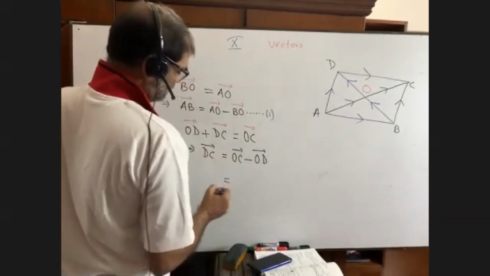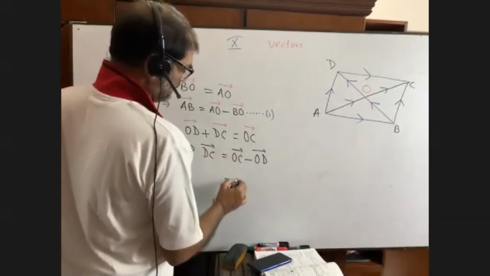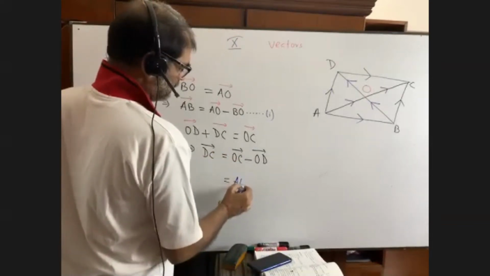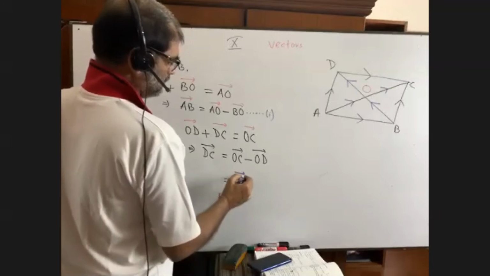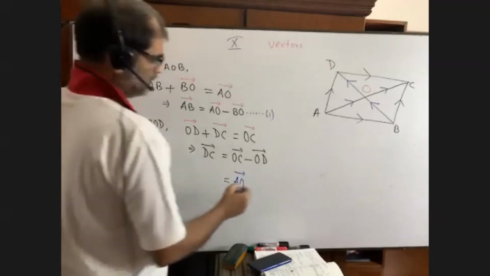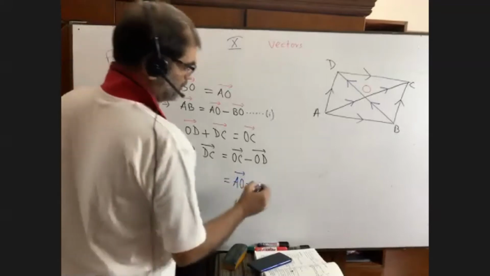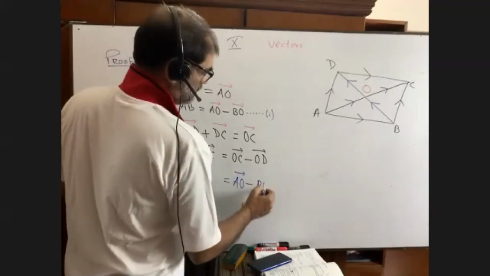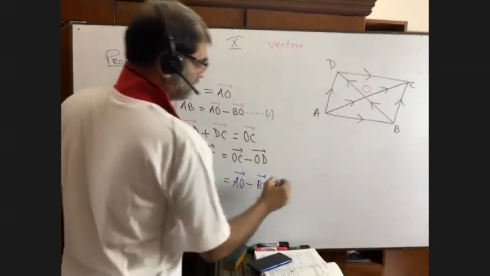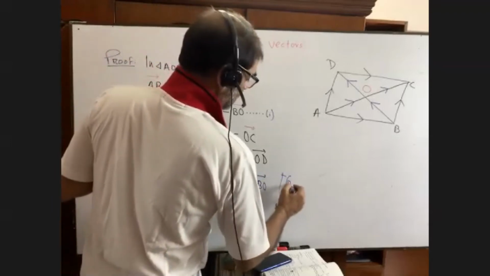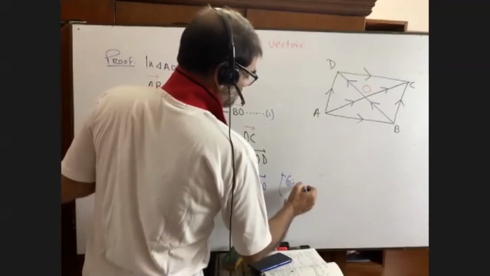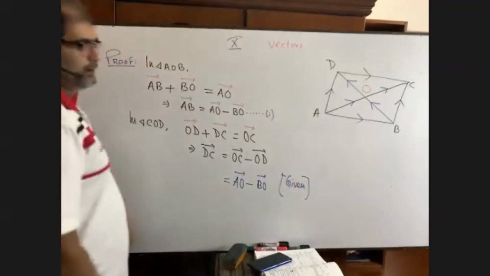AO. Write down AO. What was OD? OD equals BO, given or by hypothesis. Is it okay?